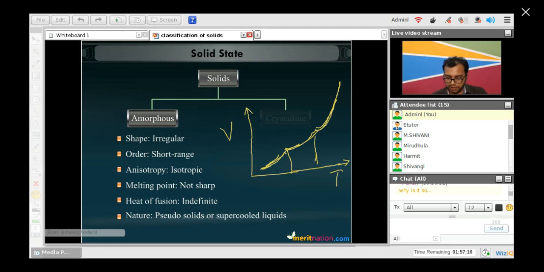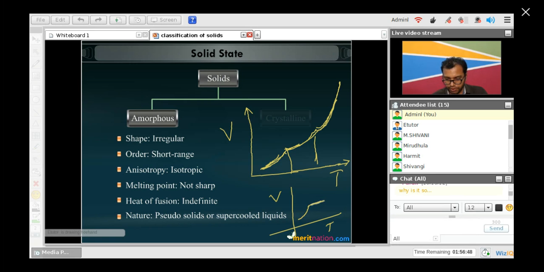Now in case of a crystalline solid, as you increase the temperature, the volume of the solid increases, but the increase in volume is smaller, right? And when the phase transformation takes place, the volume remains constant.